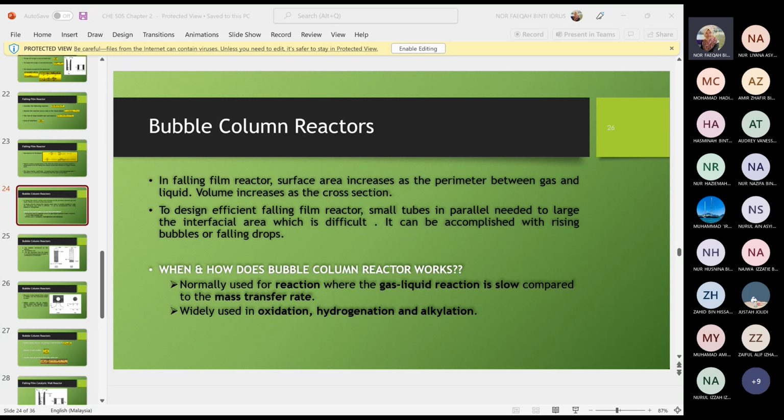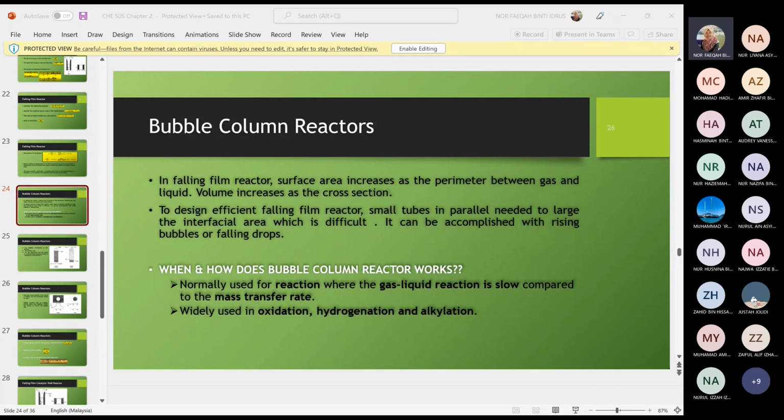So this is for the product. Okay, so the liquid here is the product, but this liquid is the reactant liquid. So reactant gas is introduced from the bottom, and the product is at the head space at the top of the vessel.